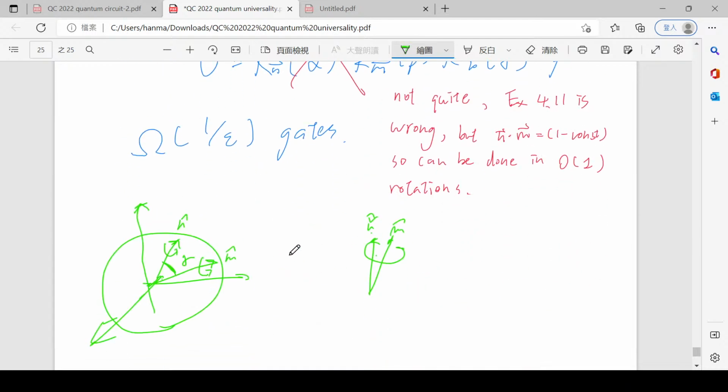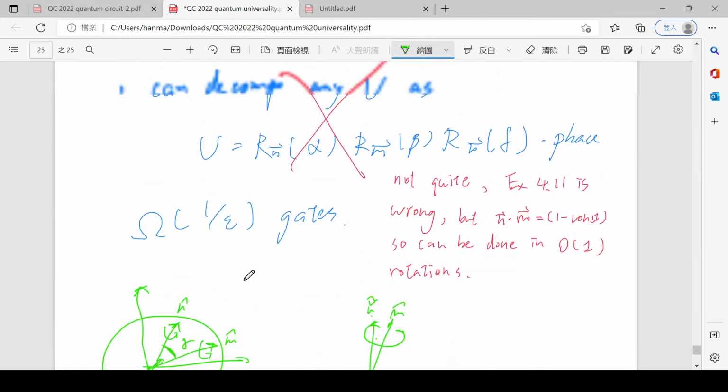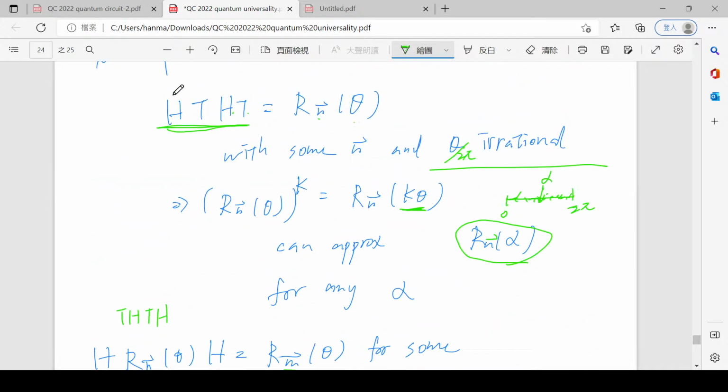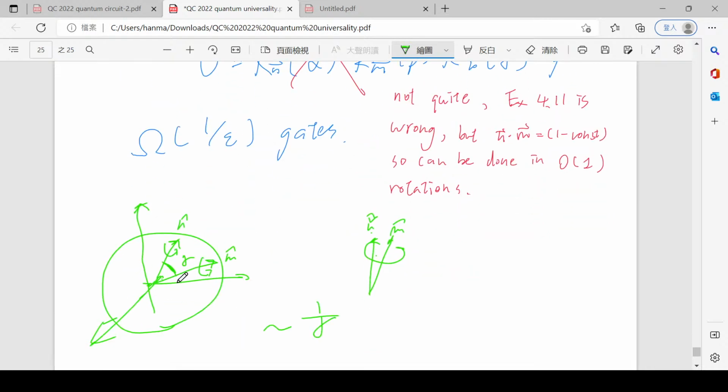So you see y and z is the base case because they are totally orthogonal to each other. And so the length of the sequence is about 1 over gamma. You can look it up. But anyway, really there's nothing scaling here because Nielsen and Chuang is fixing the axes. So the angle gamma here is constant.